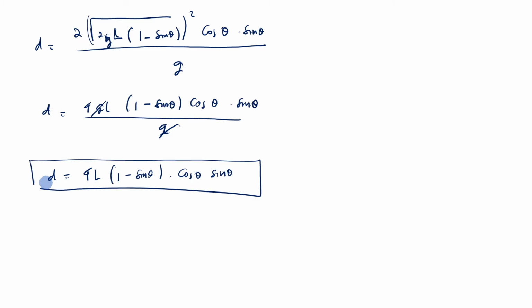Taking the derivative and using trigonometric identities, we get the derivative of d like this.